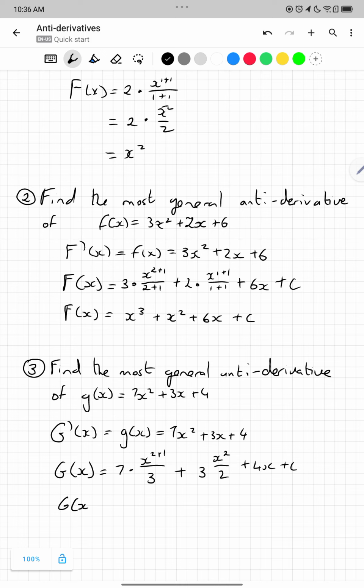G of x should be equal to 7 over 3 x cubed plus 3 over 2 x squared plus 4x plus c. So that is your solution for that antiderivative.